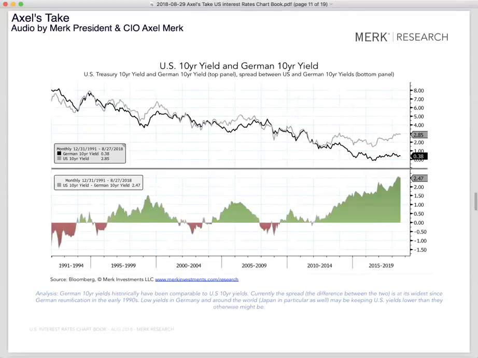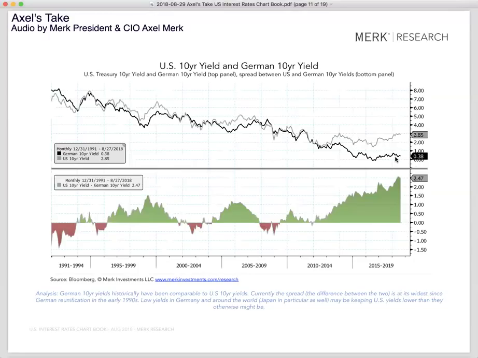yield. And now this is a focus on US rates, but it is very important to look at the international comparison. Here we look at the German 10-year yields, the bonds. In comparison, this chart, first of all, shows that the gray line here is US rates, and then here at 0.38, yes, that is the 10-year rate in Germany.